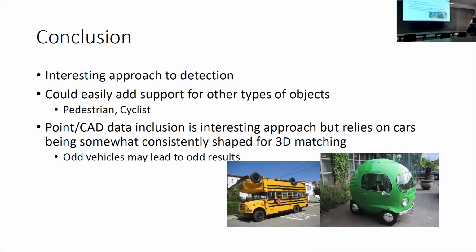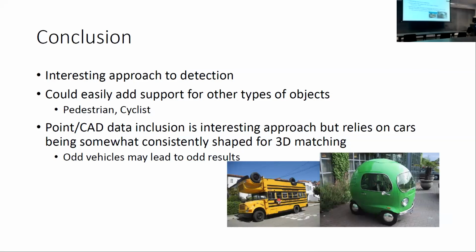And the point cloud / CAD data is an interesting approach, but it does rely on cars being somewhat consistently shaped, because if there is, say, an outlier car in the KITTI data set that has a similar size bounding box to what their CAD data says, they're going to match the points immediately on it, and that's not a very good representation.